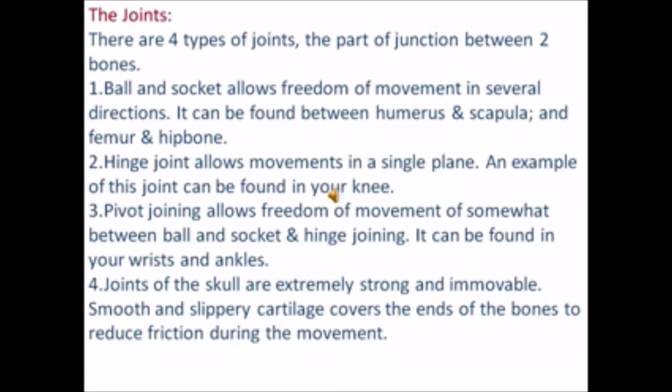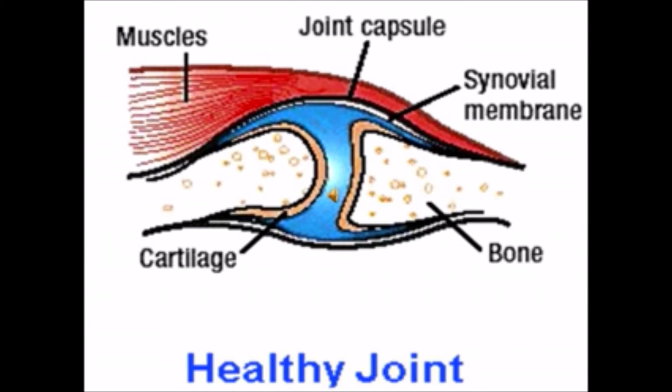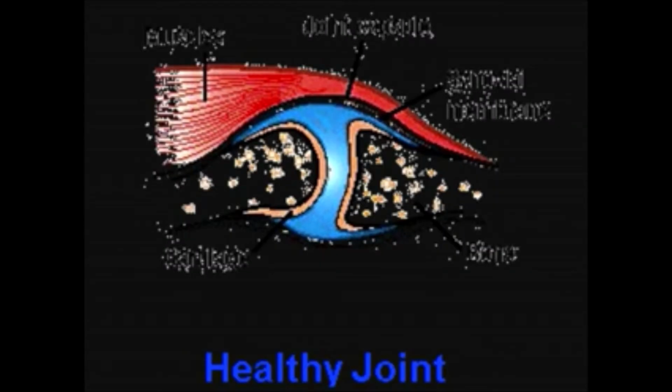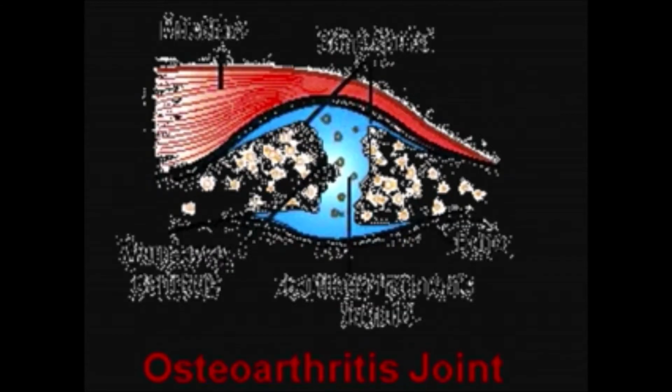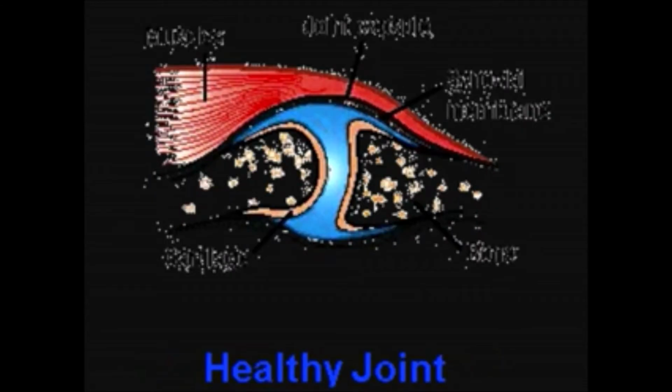Joints. There are 4 types of joints. The junction between 2 bones is called a joint. A ball and socket joint allows freedom of movement in several directions. It can be found between the humerus and scapula and between the femur and hip bone. A hinge joint allows movement in a single plane.